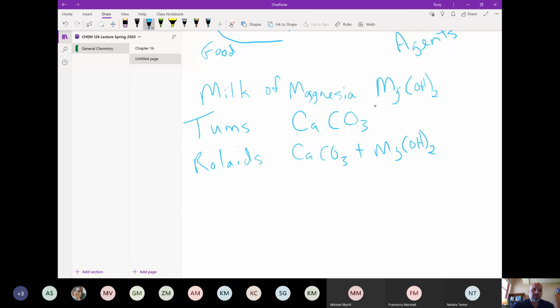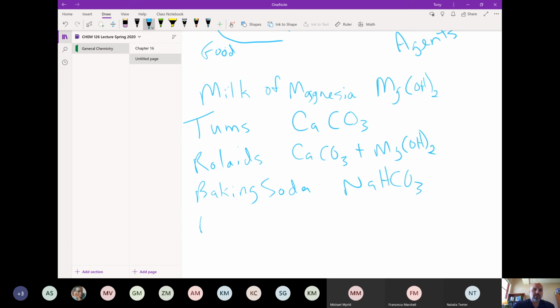Then we have, before commercial substances, you could actually just buy typical baking soda and use it, and baking soda exists in the form of sodium bicarbonate, NaHCO3.